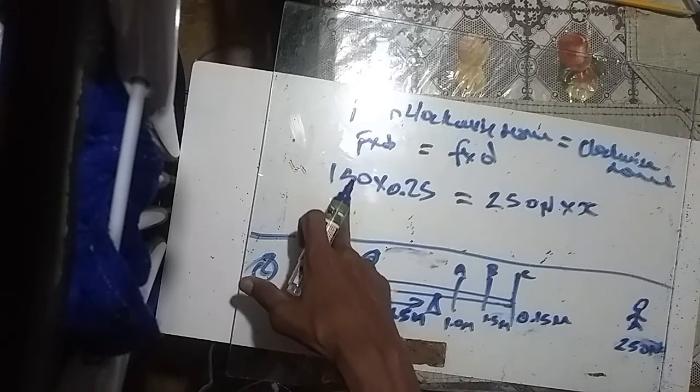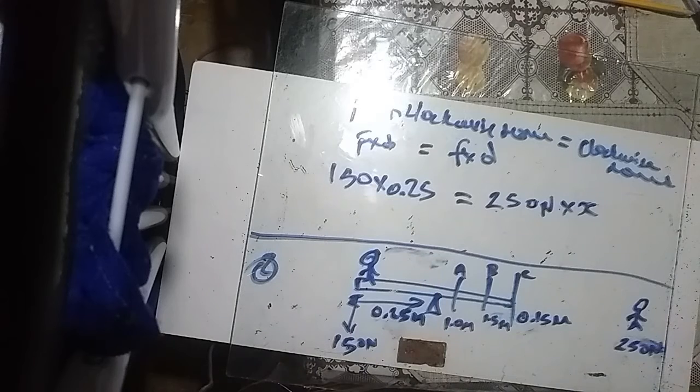So let us check. 150 times 0.25. Let us find her moment. 150 times 0.25. Let me see if I can calculate that rather easily. 37.5.